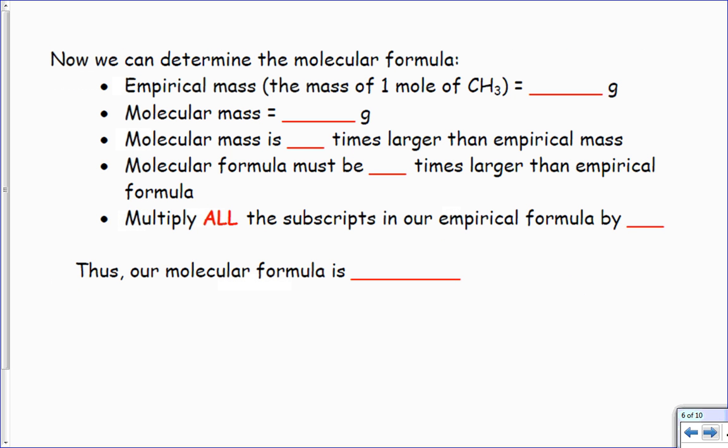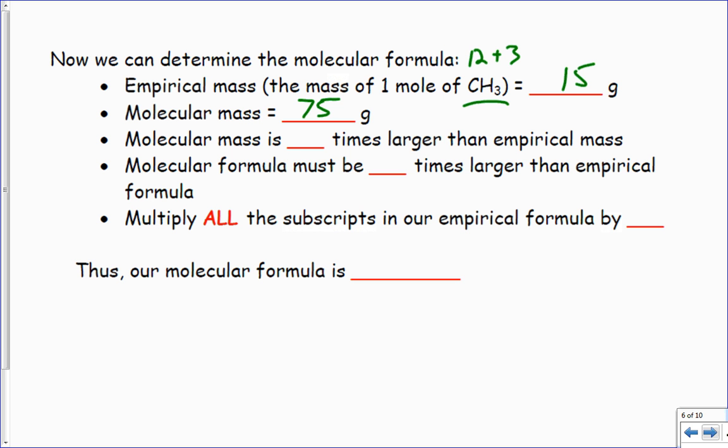So now we can determine the molecular formula. So the empirical formula is CH3. We're good there. So what is the mass of this? The mass of CH3 is 12 plus 3, which is 15 grams. It said my molecular mass was 75 grams.